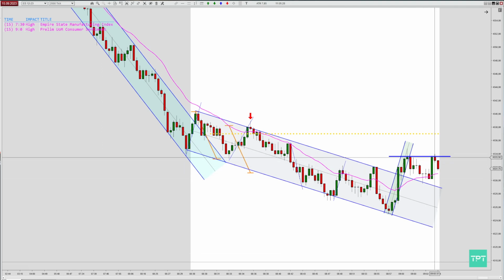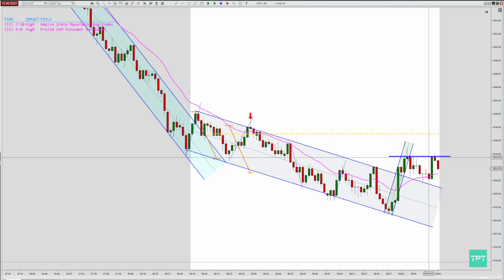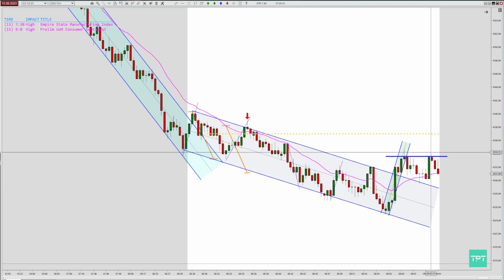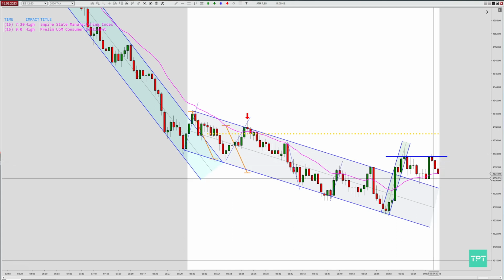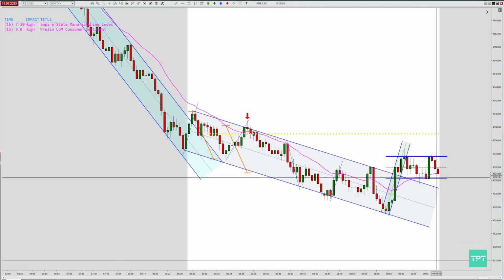I cannot take this setup after such a strong bull bar here with support around the EMA. I would like to see a triple test, something like this. So we must wait a bit more. This is a lower high. I think it's a bit too risky to take a lower high directly into a potential range support, this level I'm speaking of.